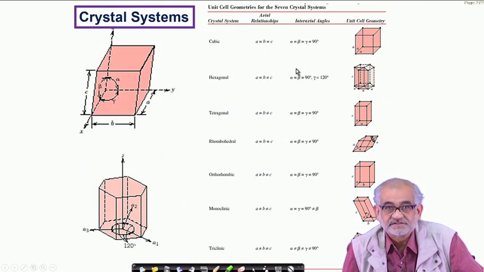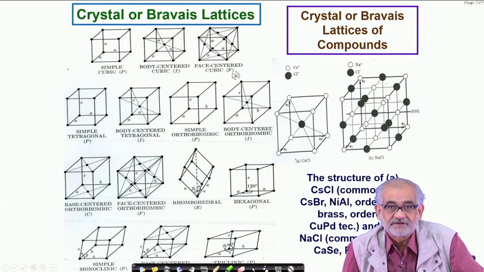The crystal systems are essentially primitive in nature, having atoms only at the corners. When we go into crystal or Bravais lattices, we are talking about atoms or ions or molecules possibly located both at corners and non-corner sites, or non-primitive sites.